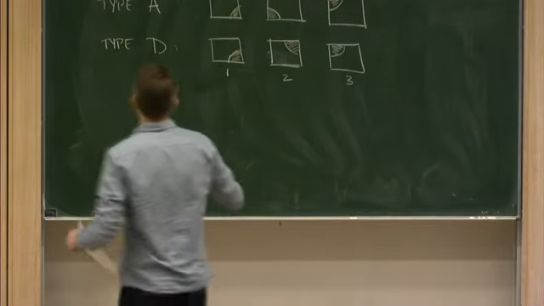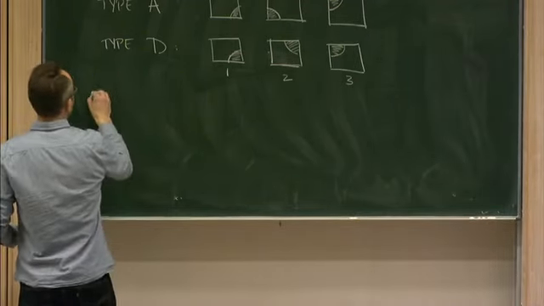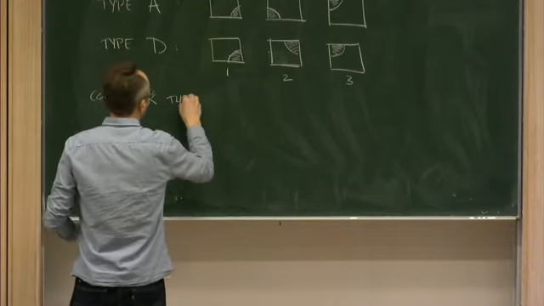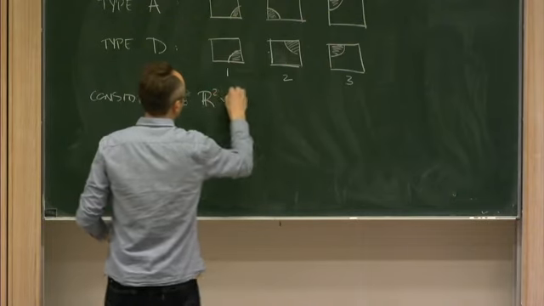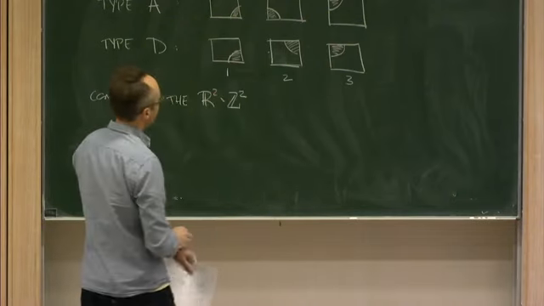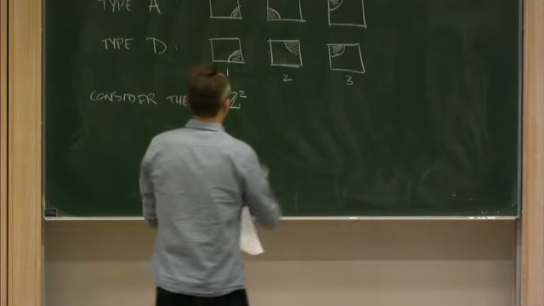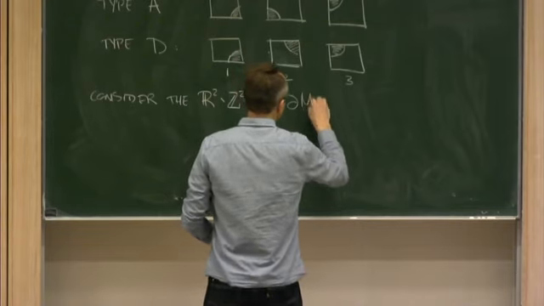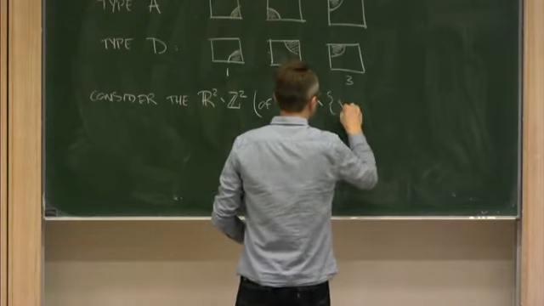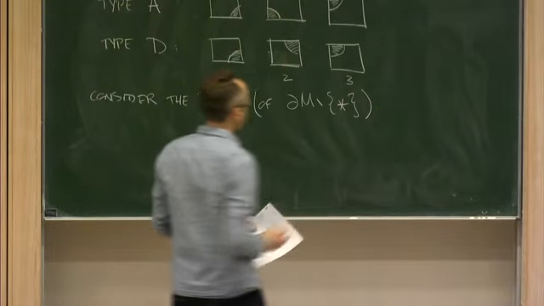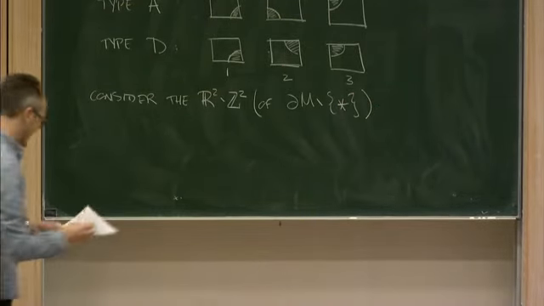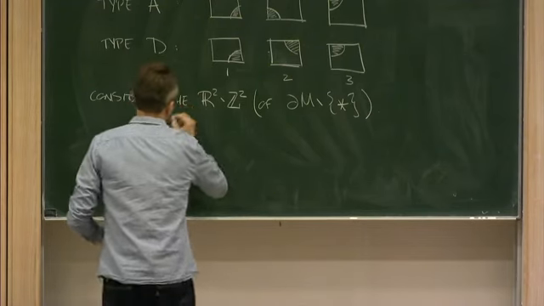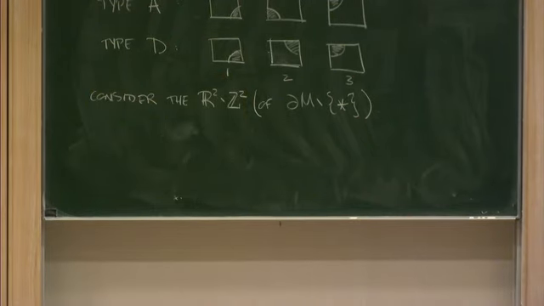And then what am I going to do to tell you about how I'm reading off this bygone? I want to pass to the cover of the plane minus the lattice points. So this is the cover of the torus minus this base point, this special marked point. Let me do it here so I have lots of space.